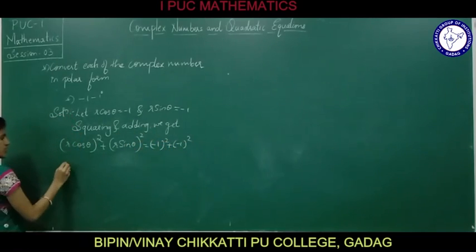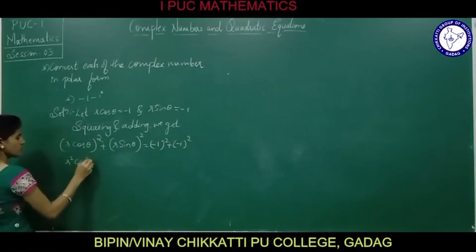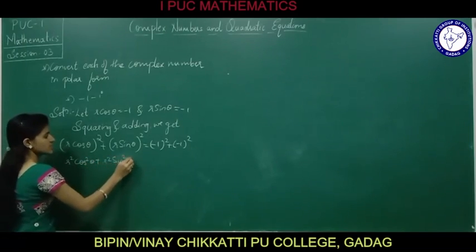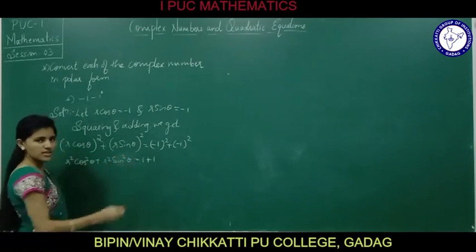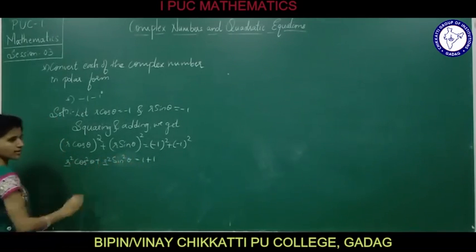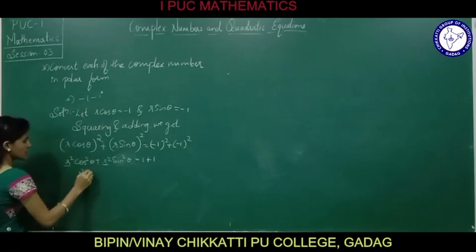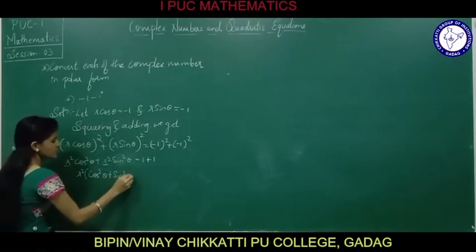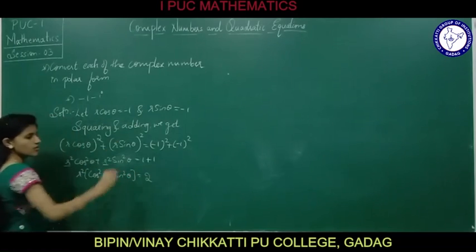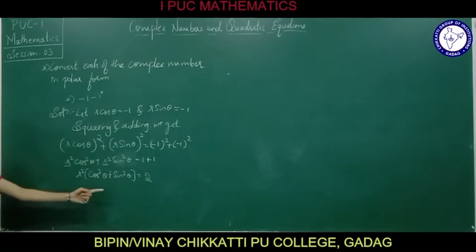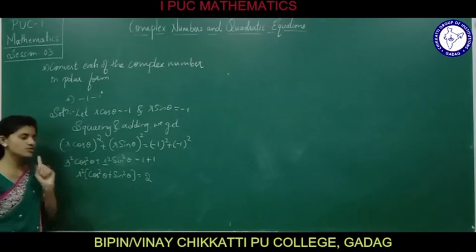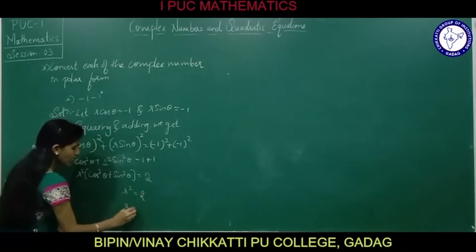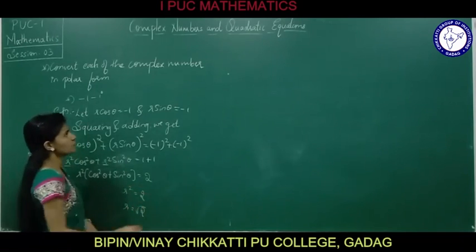Then what are we going to get? r square cos square theta plus r square sin square theta is equal to 1 plus 1. We have r square common, take it out. r square into cos square theta plus sin square theta is equal to 2. We all know that cos square theta plus sin square theta is equal to 1. That is why r square is equal to 2 and r is equal to root 2.